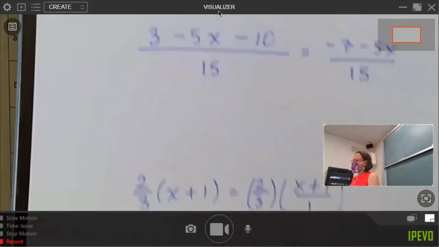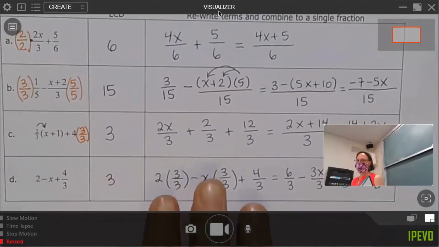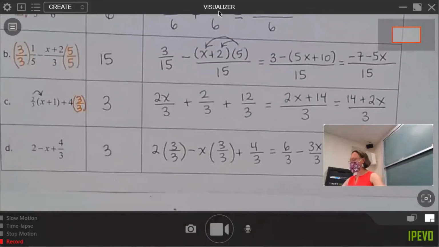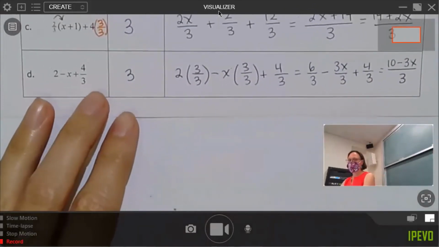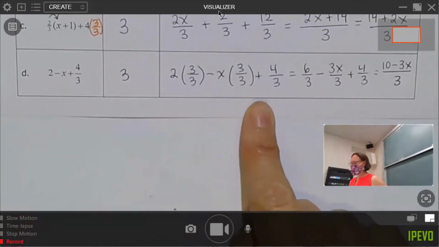But whatever it takes to help you all. So on that last problem on Zoom, they couldn't see the end of it. So my apologies. That was the very end of that problem for those of you joining us on Zoom.